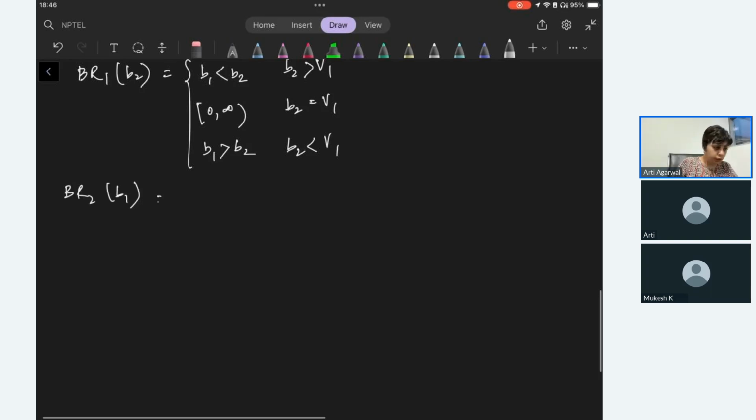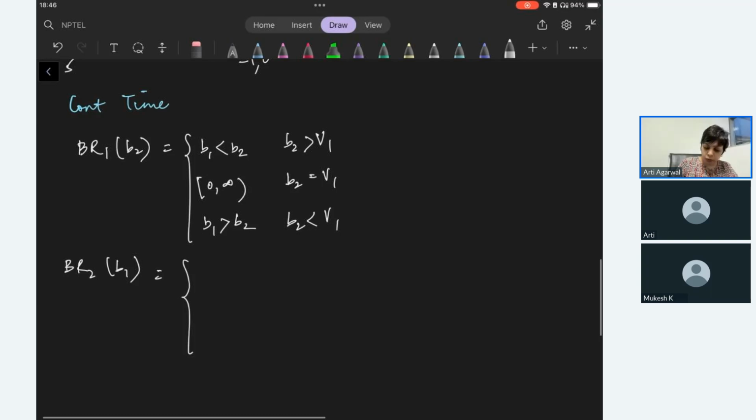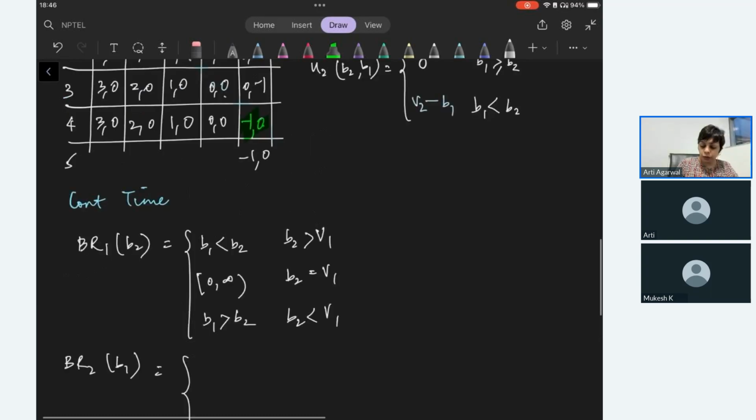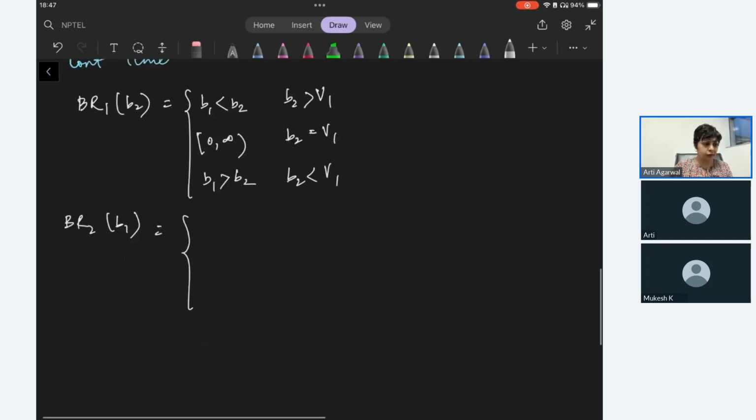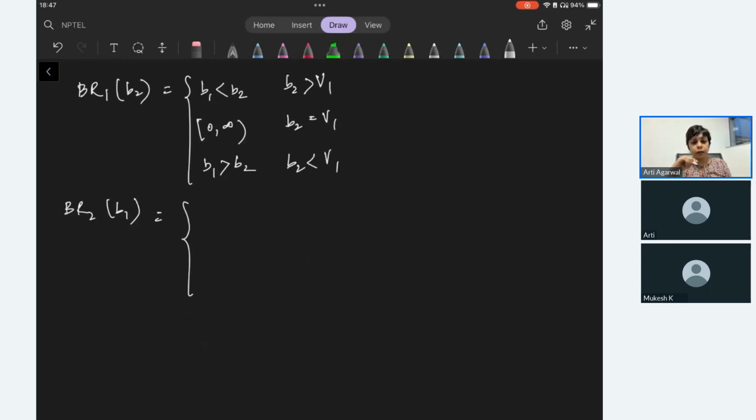Okay, now player 2's payoff: if B1 is less than B2, his payoff is B2 minus B1. Otherwise, it is 0. So we are going to write it in terms of V1 and V2.